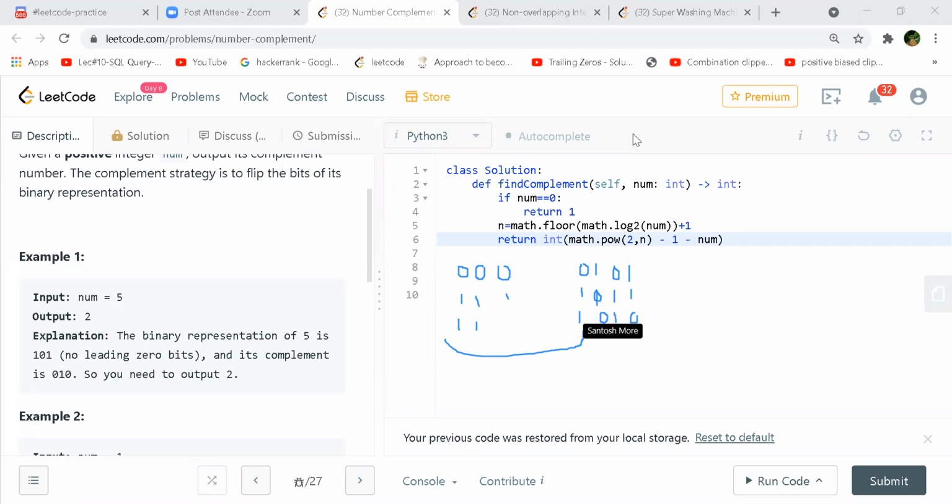Yeah, but we don't have this one in our case because line 5 gives us n equal to 3, and we will have just three ones at the right side. No, no. Yeah? Santosh is right. Yeah, but this gives us another number. But what he's saying is that we should use this also in that case, right?